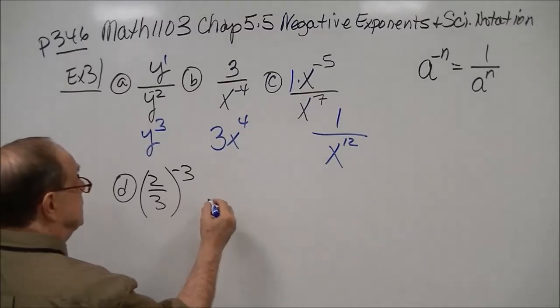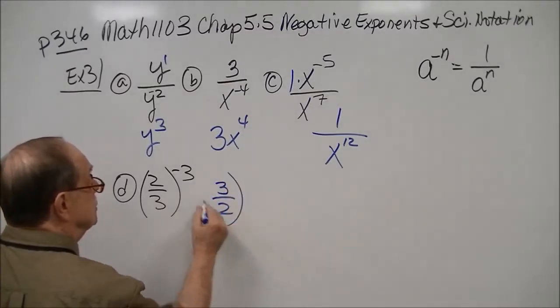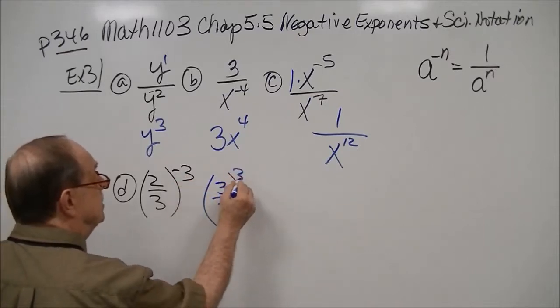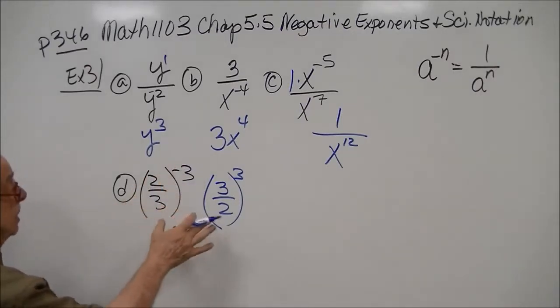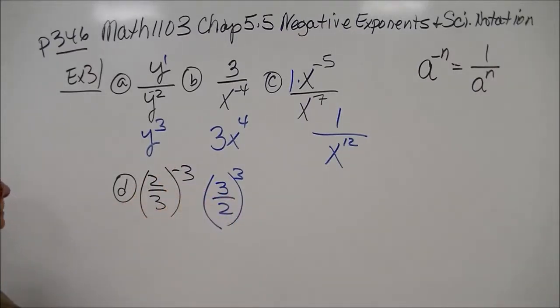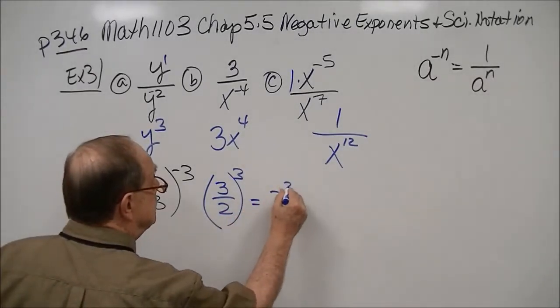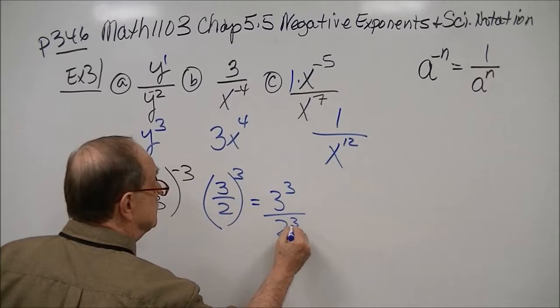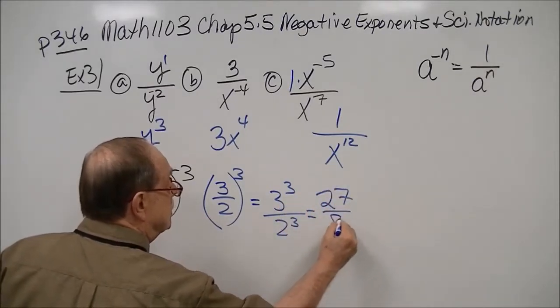So the fraction in its reciprocal form would be 3 over 2, and now this becomes a positive 3. Now you could have done that, but it's much easier this way. So this then becomes 3 to the third over 2 to the third, which is 27 over 8.